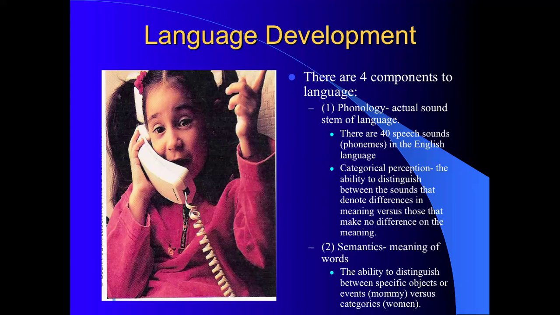So there are different languages that have phonemes or sounds that are not connected to the English language, but we're able to distinguish between sounds that have meaning and sounds that don't have meaning. And this is what we call categorical perception. So we can discern meaningful sounds, right?